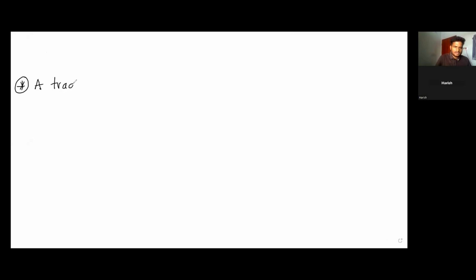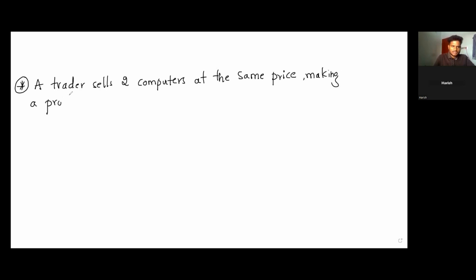A trader sells 2 computers at the same price, making a profit of 30% on one and a loss of 30% on the second.